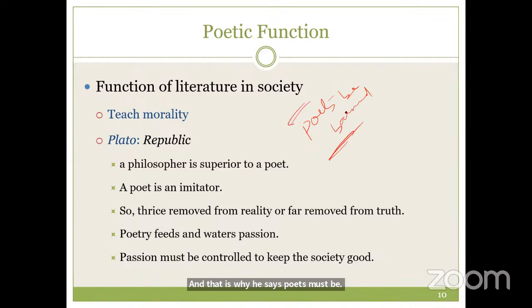He says, because they are stoking emotions, because they are telling things which are far removed from reality, because they are just imitators, and because they are inferior to philosophers, poets must be banned from the society, which means the people who produce literature must not be allowed to produce literature.